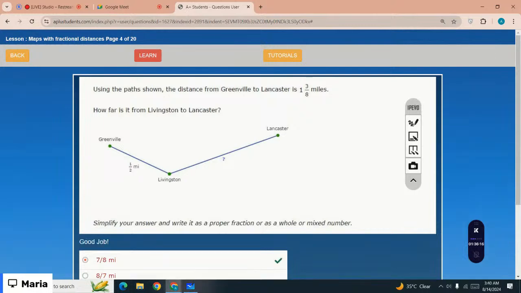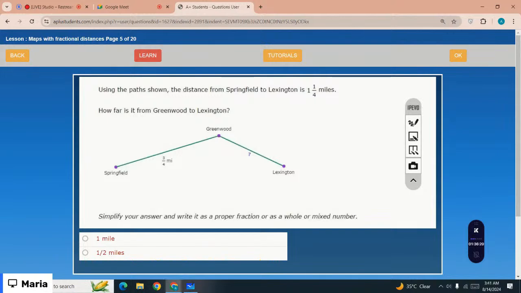Okay, the next one is using the path shown, the distance from Springfield to Livingston is 1 whole 1 by 4 miles. How far is it from Greenwood to Livingston? So, which is the correct option?